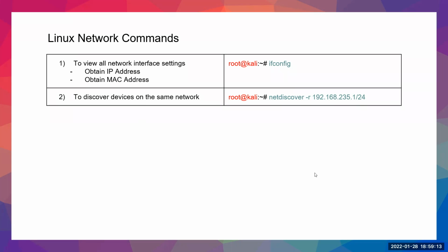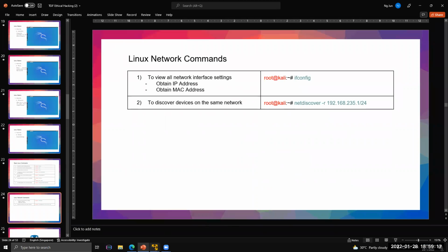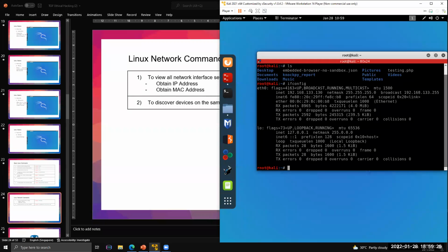Okay, so I'll just show you what it looks like after you type ifconfig. So in this case, if you type ifconfig, you should be able to see this output. The IP address in the eth0 is actually the IP address of your network that's connected to the Kali Linux.